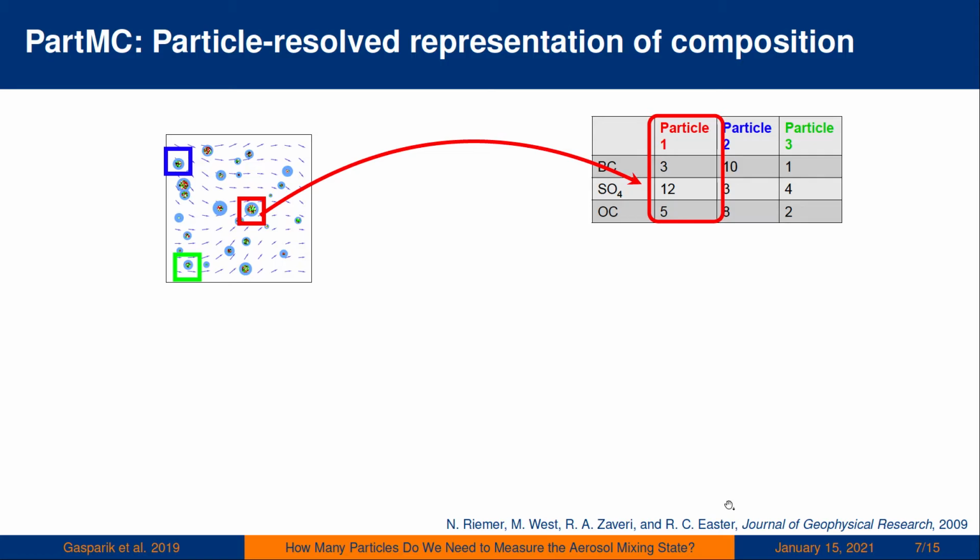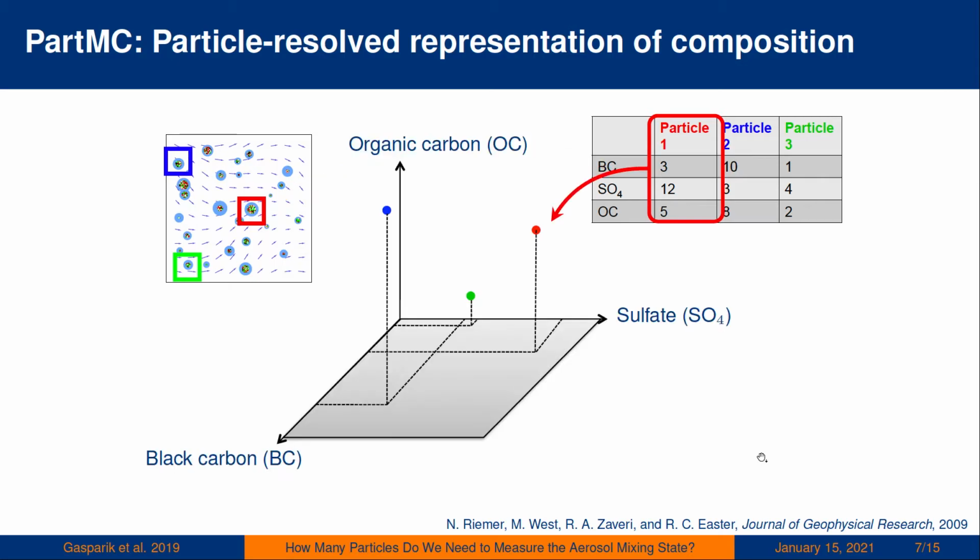It's very difficult for measurement people to conduct the huge sample size of particles that we would need for this project. So what we did is we did this numerically, using the model PartMC, which is a particle-resolved aerosol model, which lets us not make assumptions regarding the aerosol mixing state.